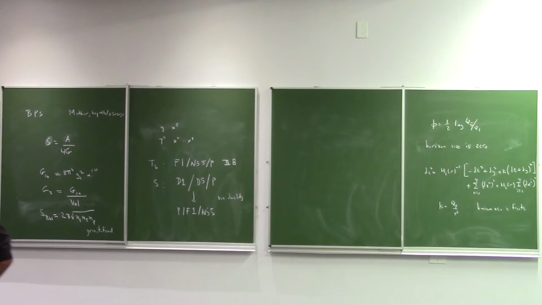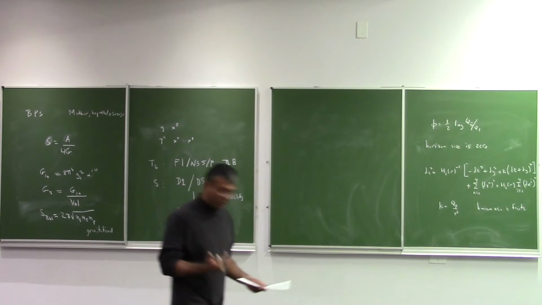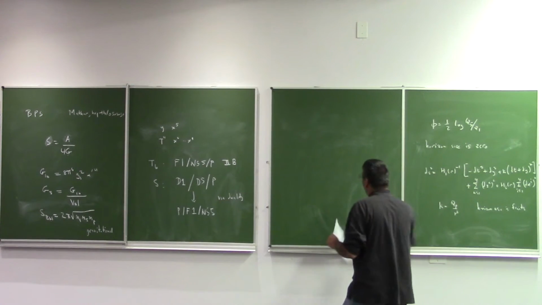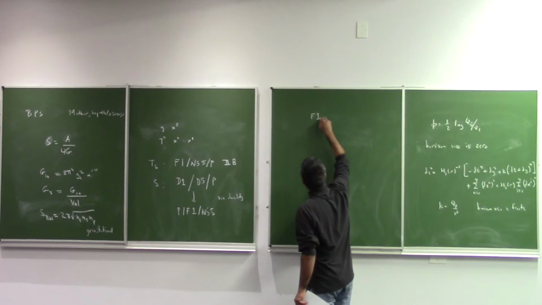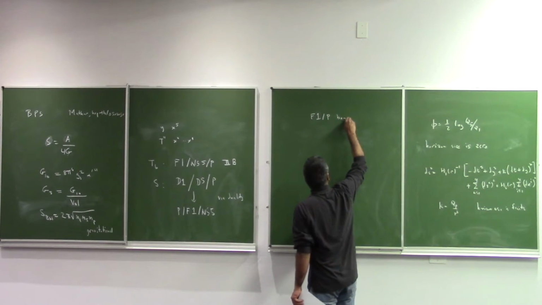So let's just look at the system with two charges. Okay? For the system with two charges, we have an F1P state.